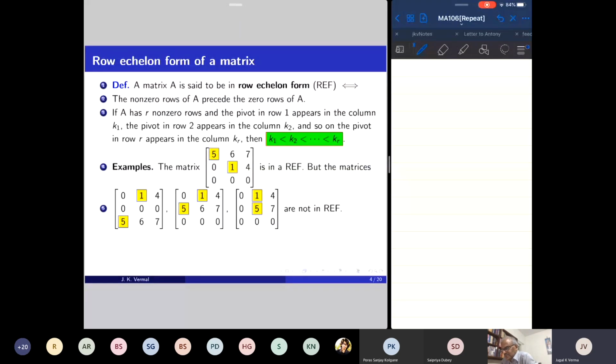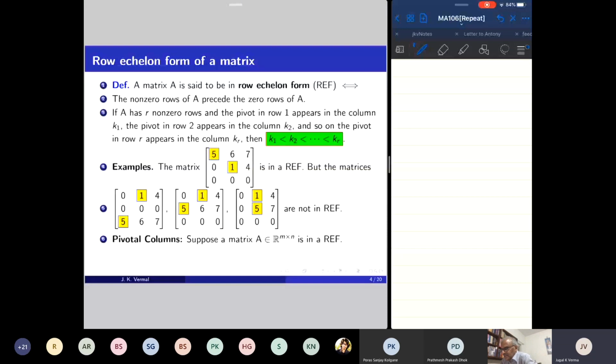First pivot, then look at the second pivot. Second pivot should be to the right of the first pivot, and so on. In this third matrix, which is an upper triangular matrix, the second pivot is just below the first pivot. We don't want that. As we go down from the first row to the second row, the pivot should be to the right of the first pivot.